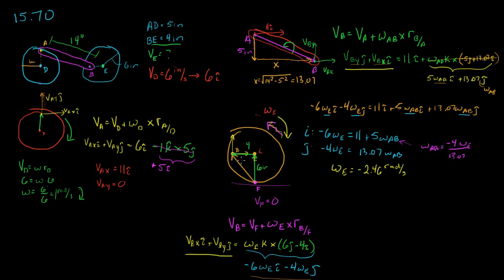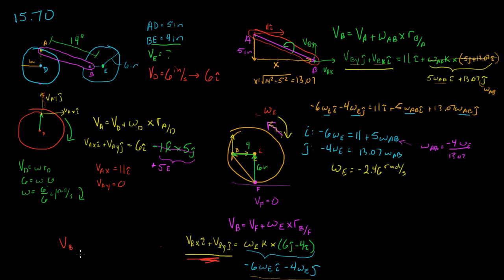We know what the velocity of B is because we can substitute this omega E into this equation right here, and we can get the velocity of B. I guess I'll just put it over here.